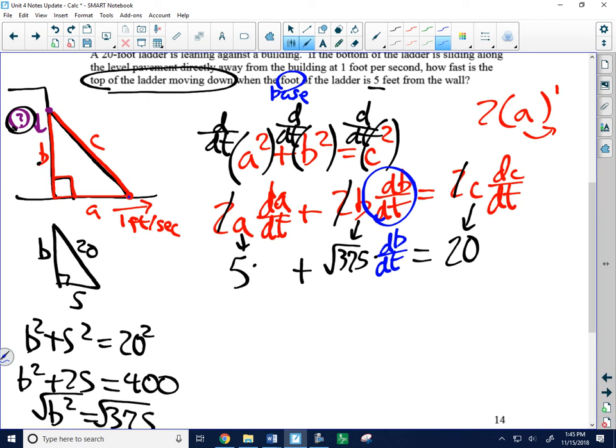So you can call it x. That's the one we're finding, though. The other two I know. The 1 foot per second, that was this one. I already labeled it here. How fast my A is changing. Set up here, the bottom of the ladder is sliding along the pavement away from the building at 1 foot per second. So that's 1, dA dt.